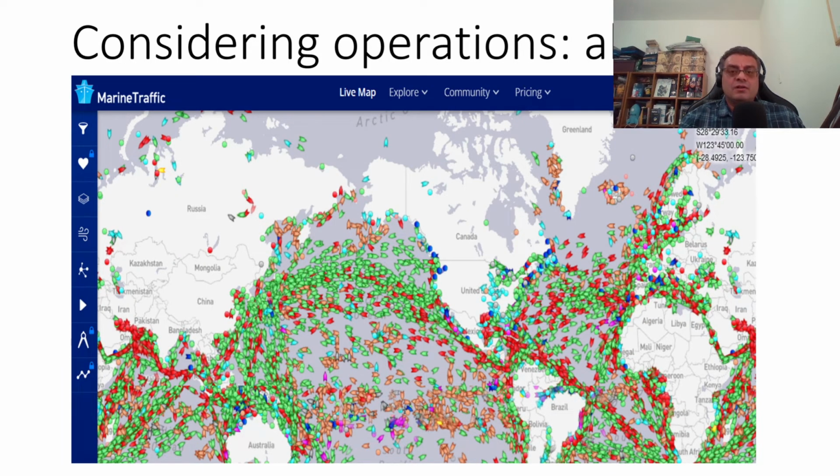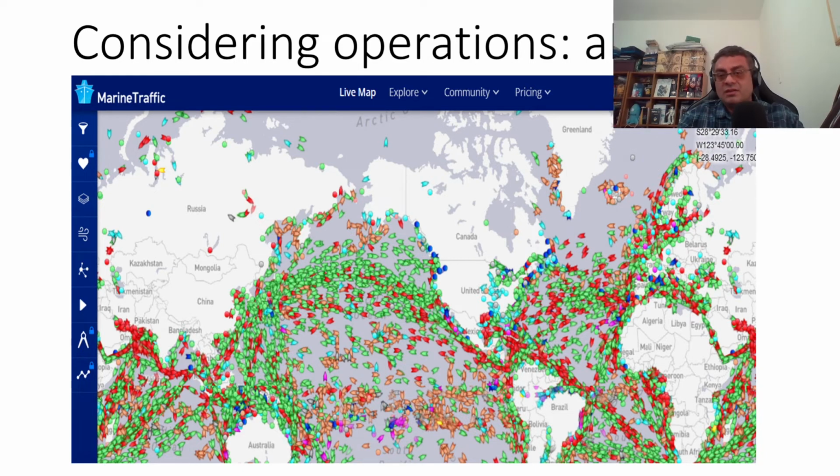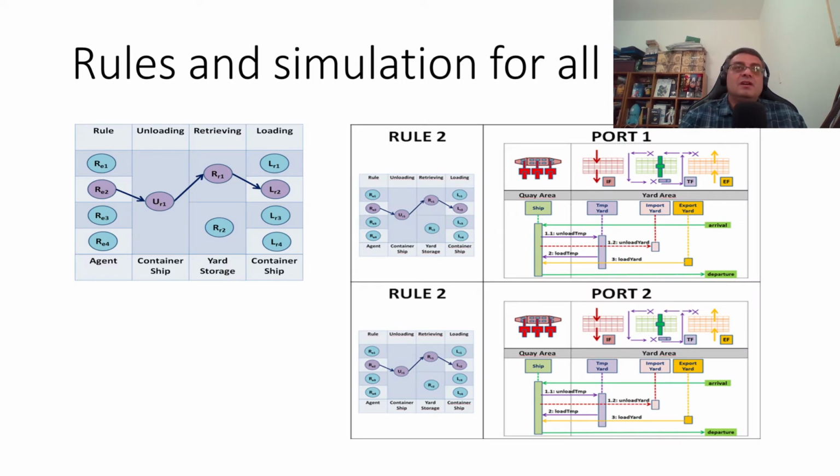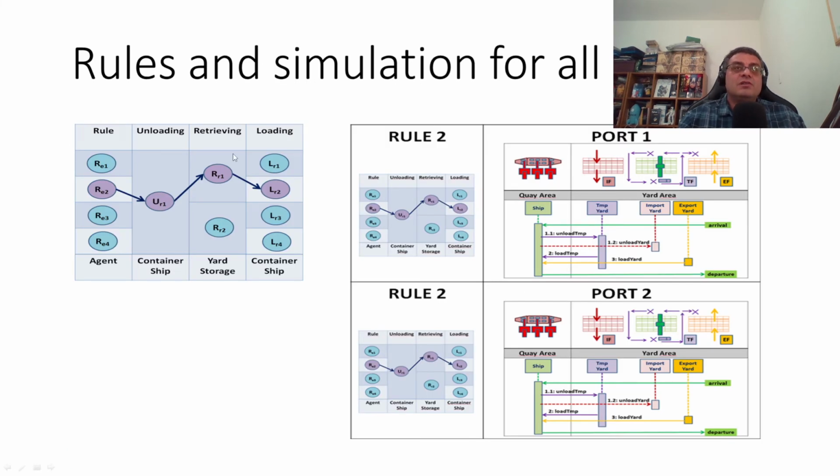So we should consider all ports. We have to pass the container ship through the ports, and we should have this in detail here, how we can apply the rules. So instead of using many words, for example, imagine that we have an unloading rule, some retrieving rules for the yard storage, or loading rules for the container ship, or many rules for any equipment in the port.